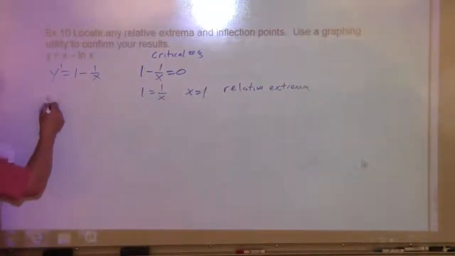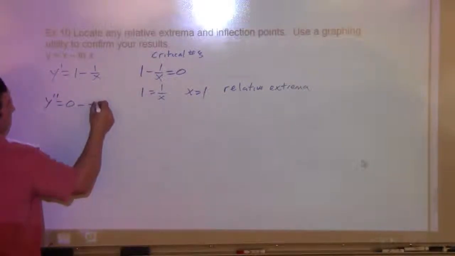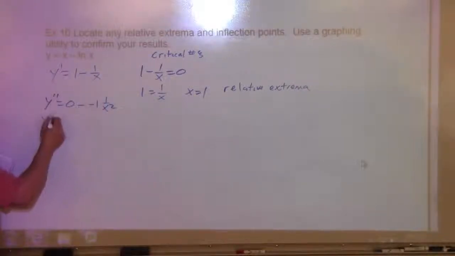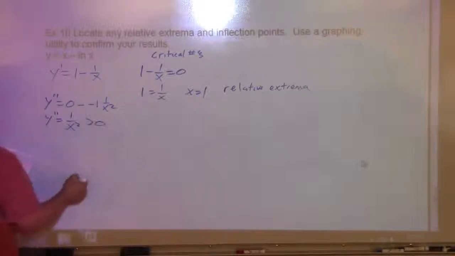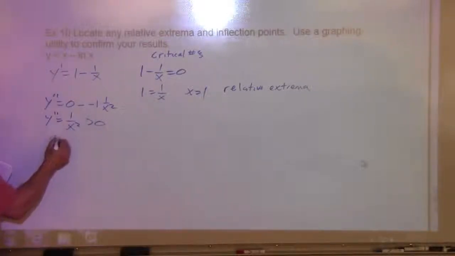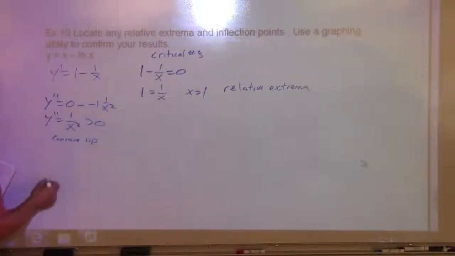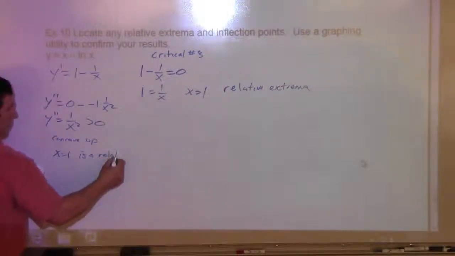Now if we take the second derivative, we have 0 minus negative 1 times 1 over x squared. So the power here is negative 1. So y double prime is going to be 1 over x squared, which is always positive, which means the whole function is concave up. So x equals 1 is a relative minimum.